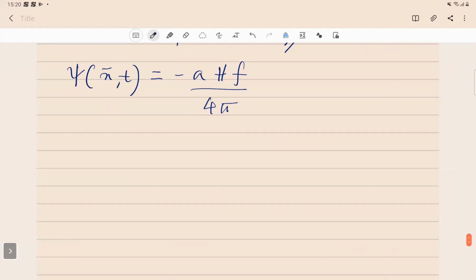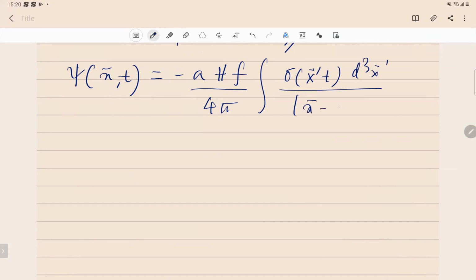So you can now just write a solution to this, just like you have for your electrostatics. Then you have this integral of the source at x prime and t, d cube x prime, divided by the magnitude of x minus x prime. So it's a formal solution, and then your velocity, which will be the derivative of this, you can write just like you write the electric field from a potential. So you can give an expression for your velocity.